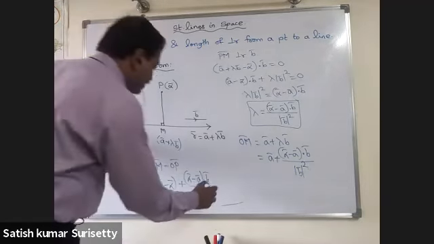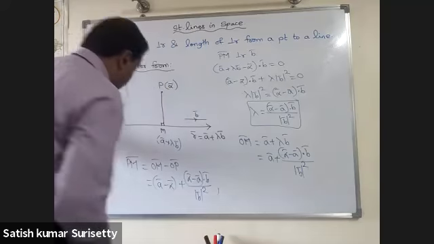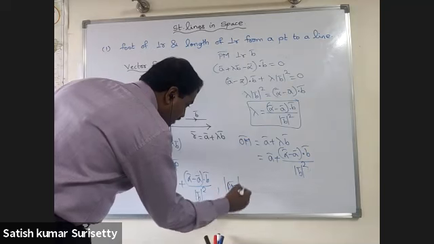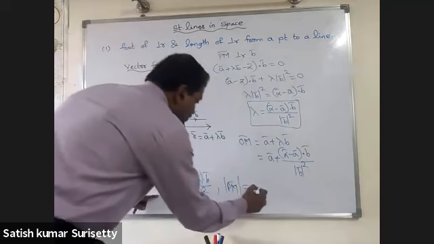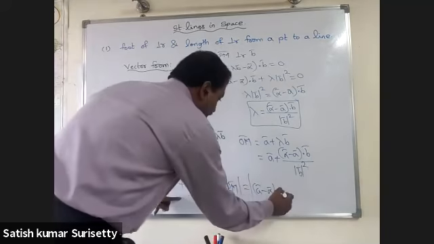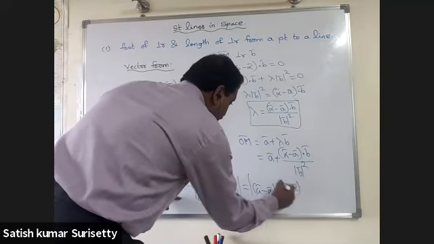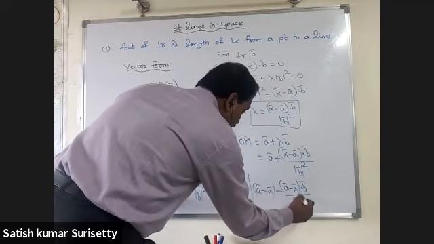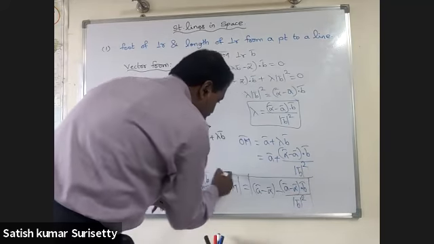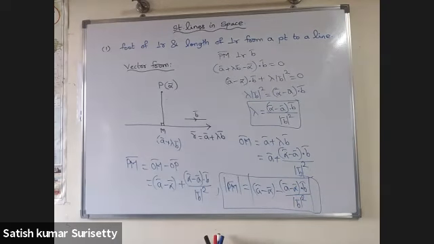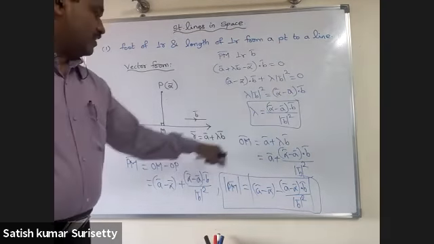So the length of the perpendicular from a point to the line, that is modulus of PM bar, equals a bar minus alpha bar minus (a bar minus alpha bar) dot b bar upon modulus of b bar whole square. So this is the formula for the length of the perpendicular in vector form.